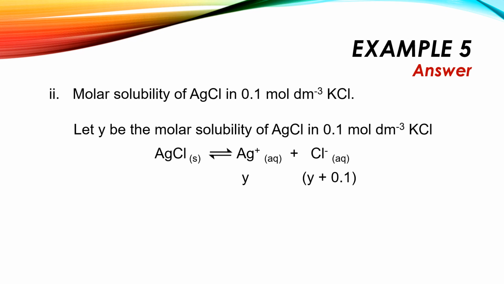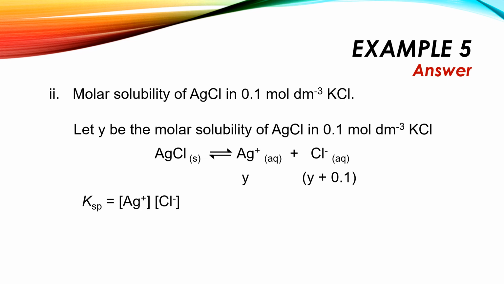This is because chloride is a common ion from both silver chloride and potassium chloride, whereas the solubility of silver chloride is y and the KCl present is 0.1 molar.